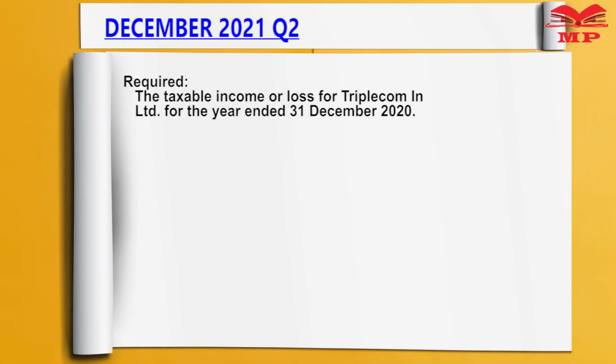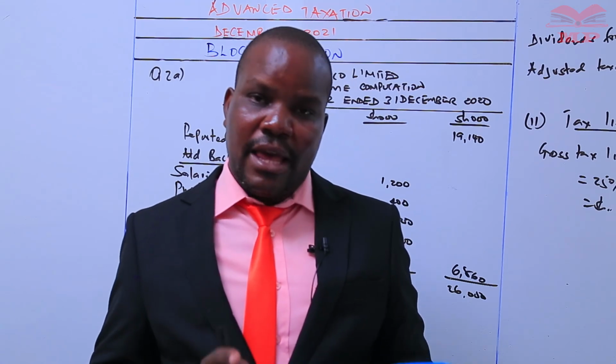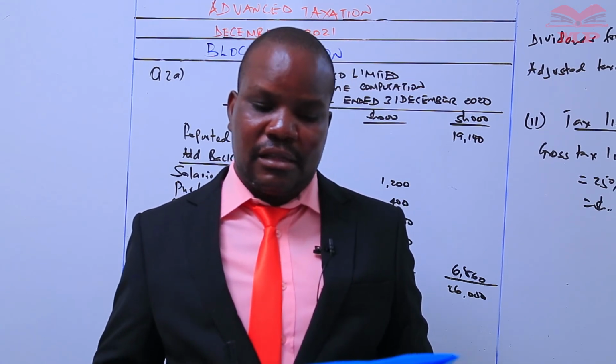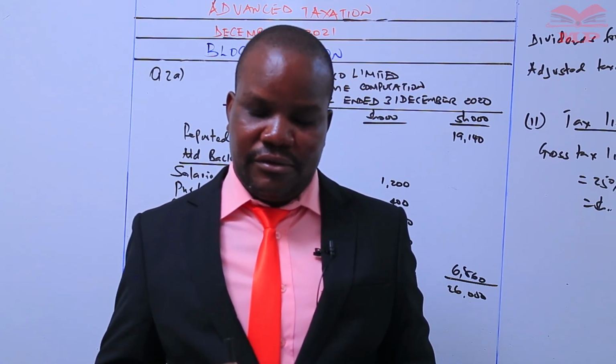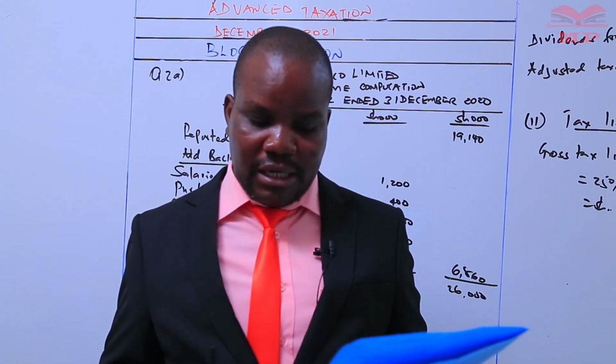Required. The taxable income or loss for Triplecom Insurance Company Limited for the year ended 31st December 2020 for 12 marks. So one, I said, where an insurance company has both general and life assurance business, the two are treated separately and taxed separately.